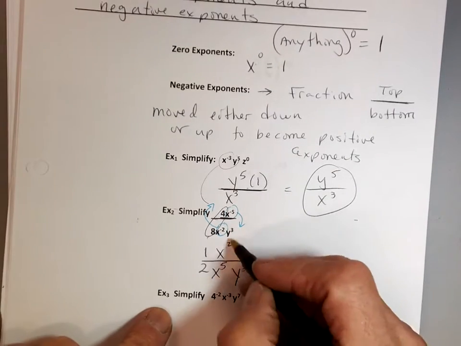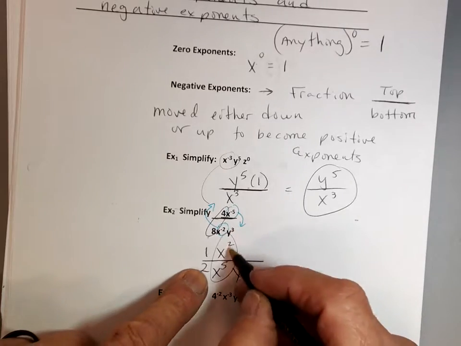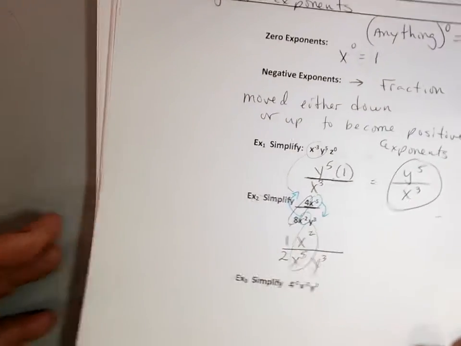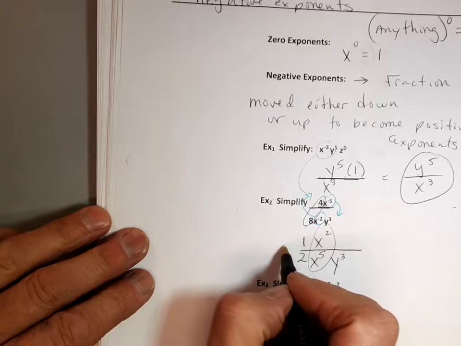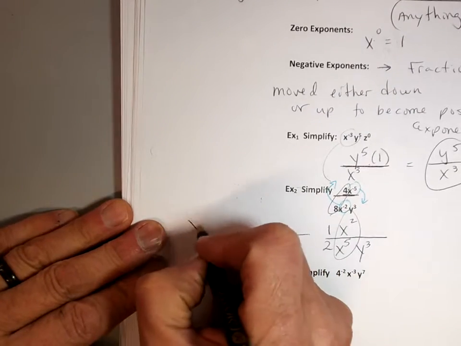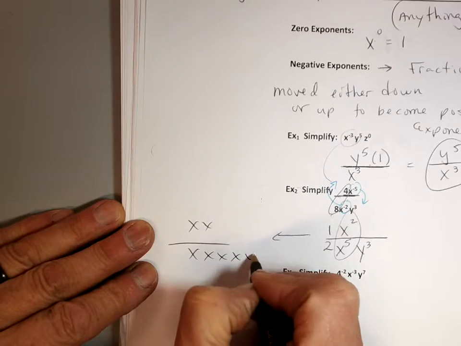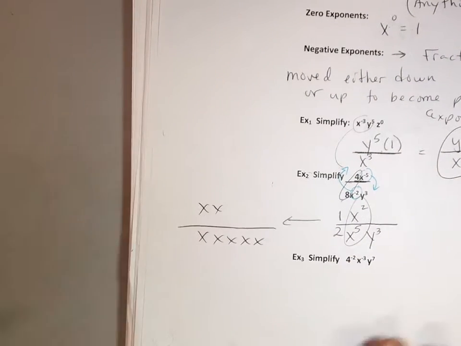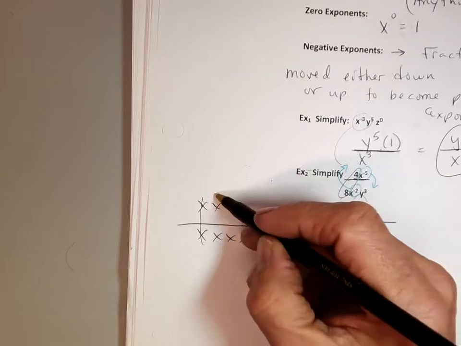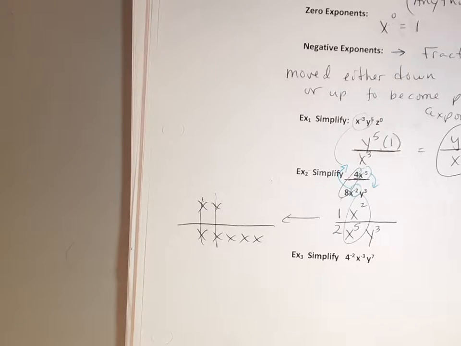Now, I can do one more thing. X squared over x to the 5th. Now, I don't really want to do it this way, but I will show it just once. That's the same as x times x over x times x times x times x times x, okay? Now this is the most annoying way to do it because this x cancels that, and this x cancels this, and how many x's are left? 3, right?